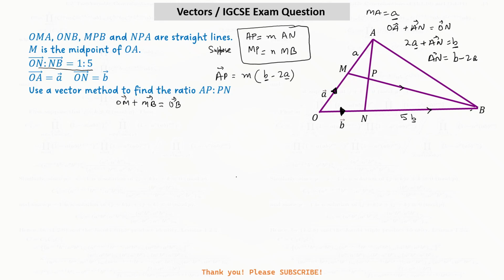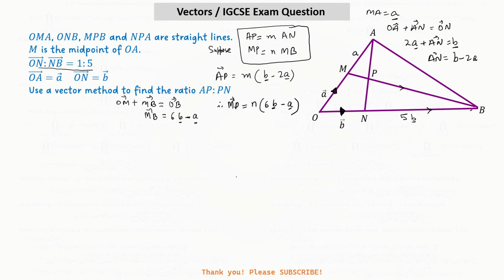So I can say that MB is OB, which is 6B, minus OM, which is A. So these are again vectors. So I have MB, so now I can say that vector MP is equal to N times 6B minus A.